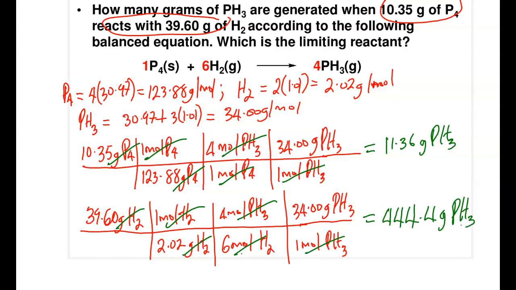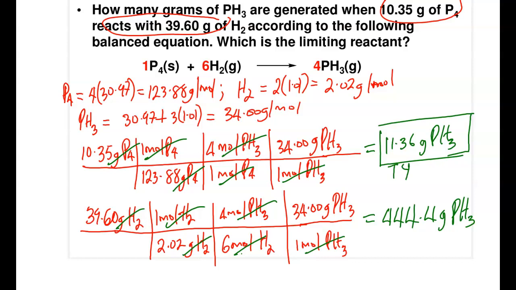Now, if you look at these two numbers, it is very clear that phosphorus gave us the lowest value. What it means is that this value is now the theoretical yield. And what does that tell you? It tells you what the limiting reactant is. The question asks which is the limiting reactant.